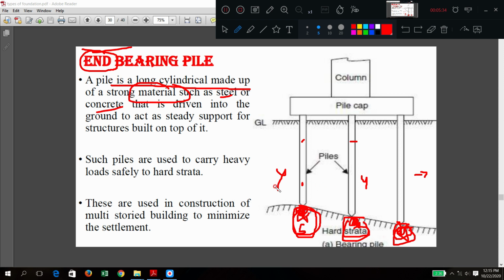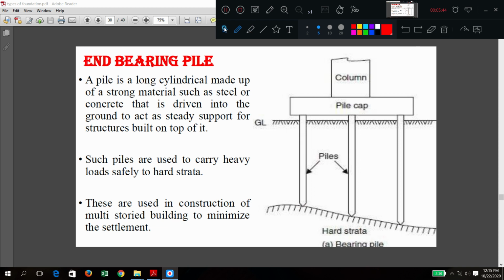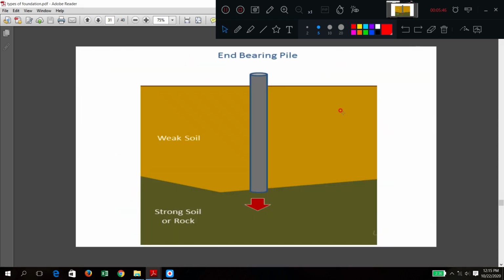These are generally constructed for multi-story buildings to minimize settlement. You can see here the end bearing pile. On the top side weak soil is there, at the bottom stronger soil is there. So piles are taken into the deep strata. Here only load transfer is there, so that is why this red arrow mark is shown.